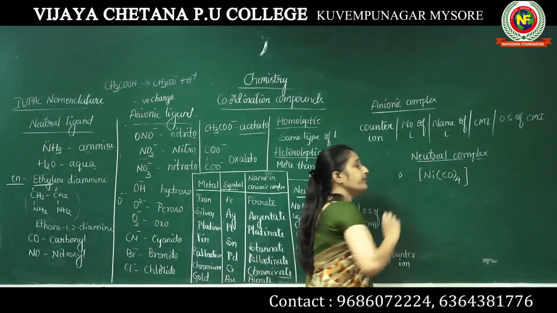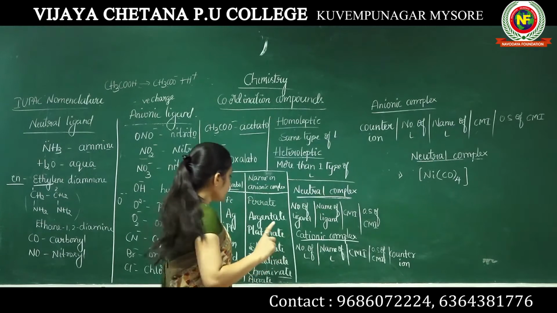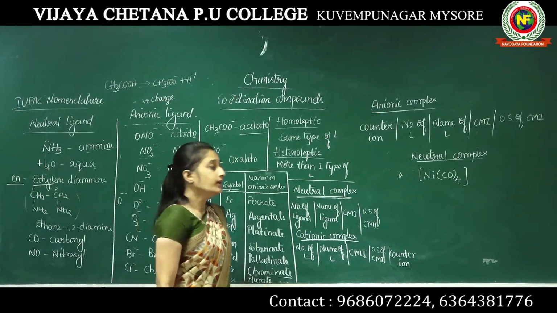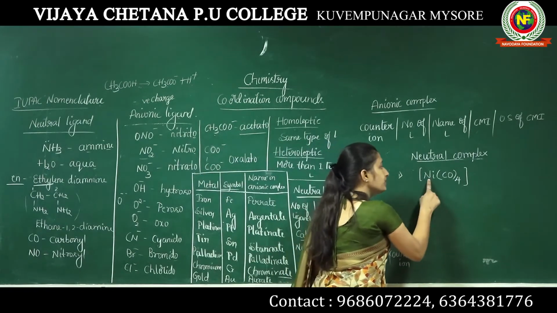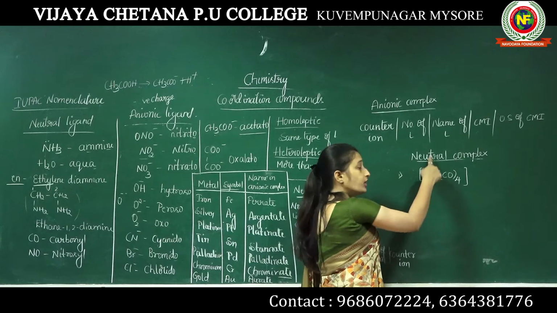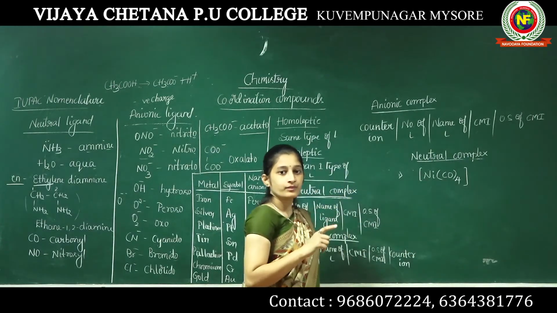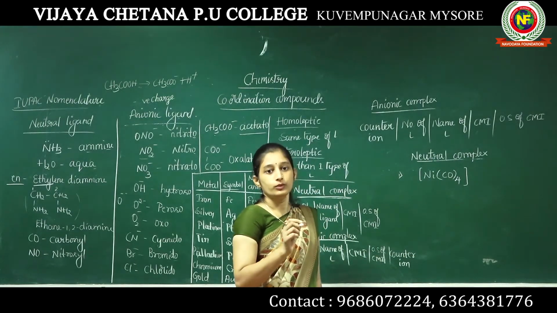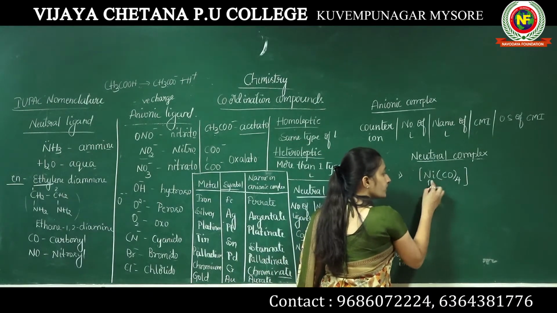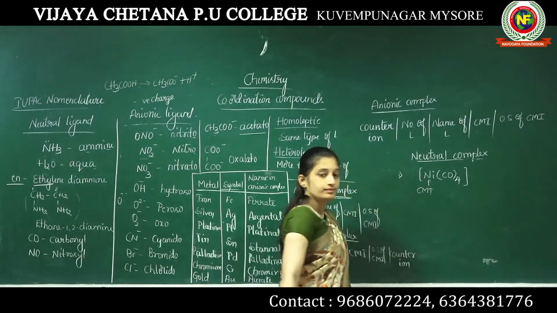How to name this? What are the rules? First, no doubt this is a neutral complex. Which one is the metal atom? Is CO the metal atom? No, nickel is the metal atom. This is the CMI, central metal ion.